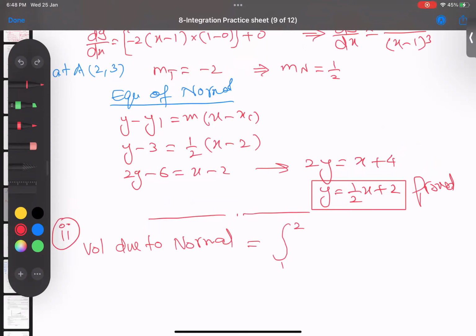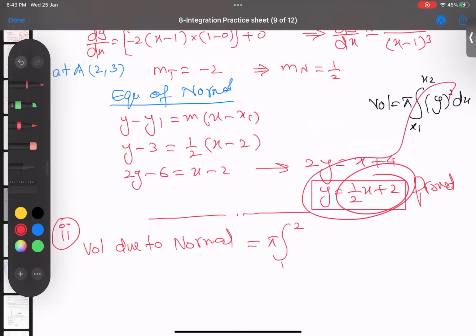I'm writing the formula here, the left-hand side on the top. The volume formula is pi outside, integral from x1 to x2 of y to the power 2, dx. This is about the x-axis. I'm using the same formula here: pi outside, 1 to 2, and the square of y means the square of this function.